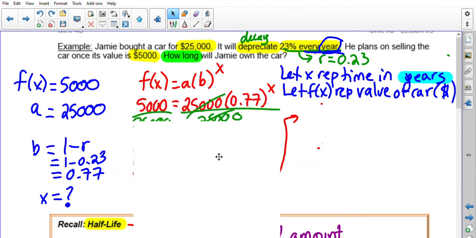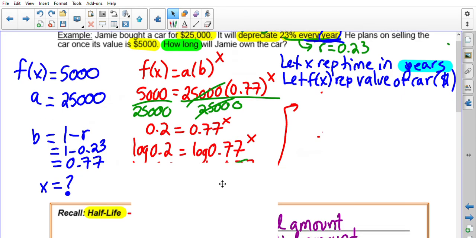Let's fill it in. We get 5,000 equals 25,000 times 0.77 to the x. Again, we want this power isolated because it has x in it, so let's divide out 25,000 from both sides. This results in 0.2 equals 0.77 to the x. Again, not common base friendly, so take the log of both sides and bring that x down in front.